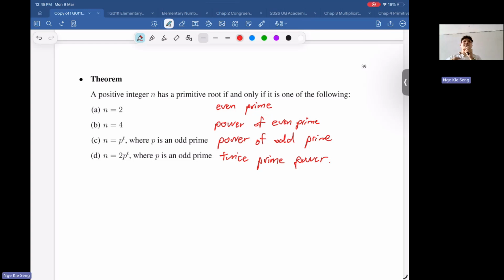That's it. For the rest, you cannot find a primitive root. Kind of restrictive, actually.